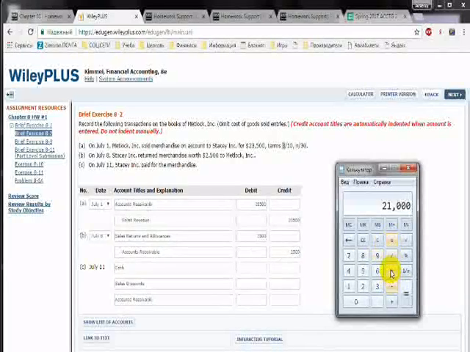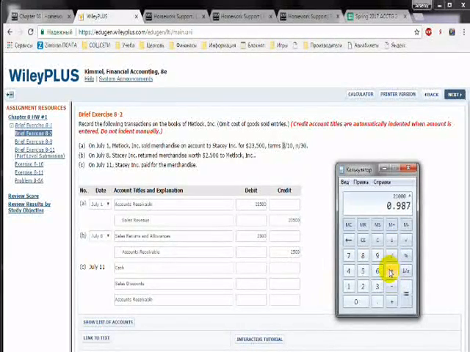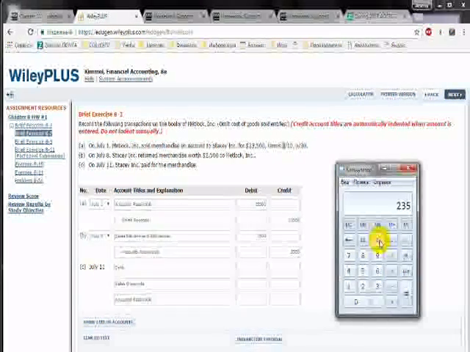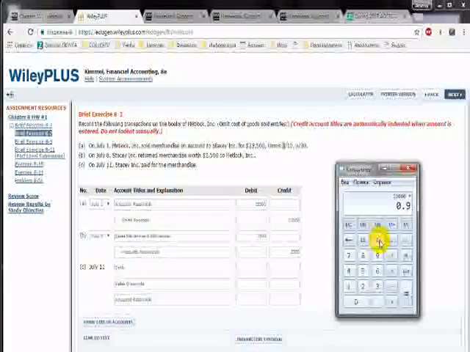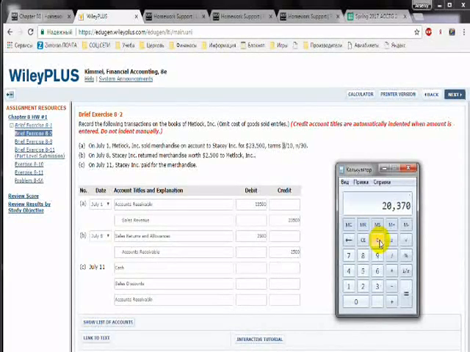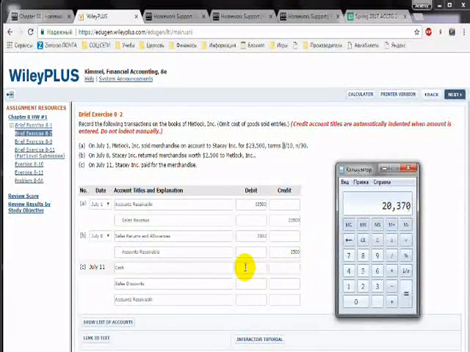So we multiply that by 97. Multiplying 97, we get 2,370. This is what they paid.